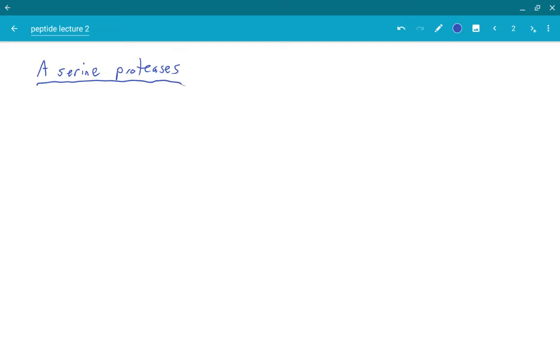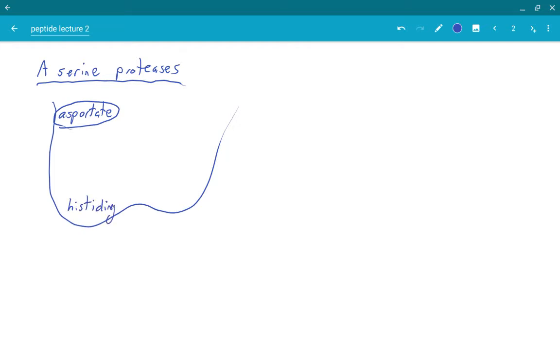And so there are a lot of amino acids within a serine protease enzyme, but there are three essential residues that always occur near the binding pocket.